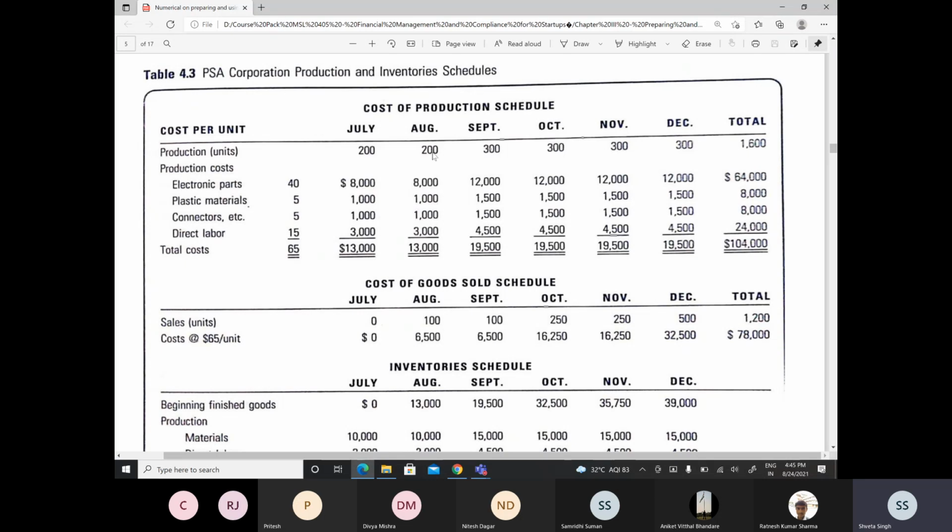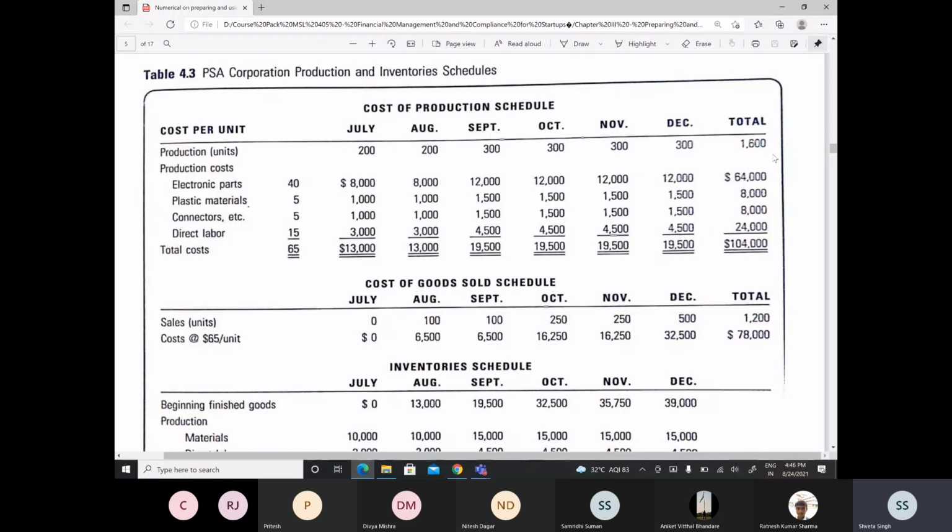In August, again they produced another 200. Total cost was 13,000 for this. In September, they produced 300 scanners. So for this, the total cost increased to 19,500 proportionately. In October, again, they produced 300. So the total cost was 19,500. In November, they again produced 300. December, they again produced 300.